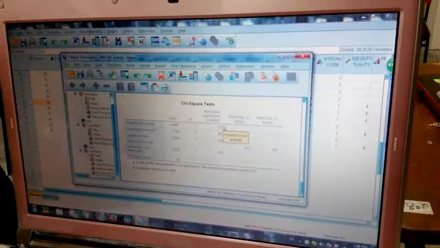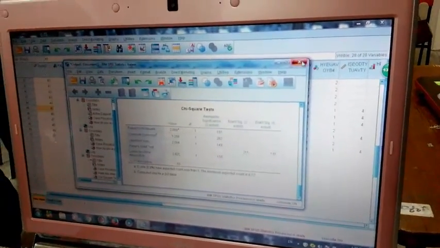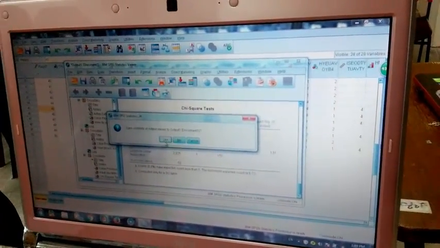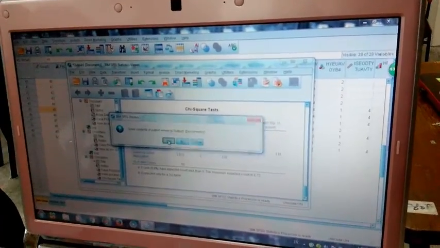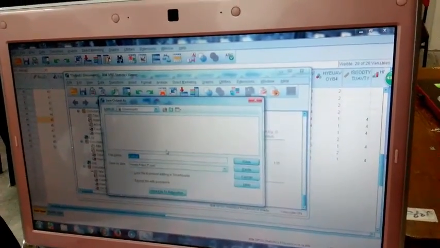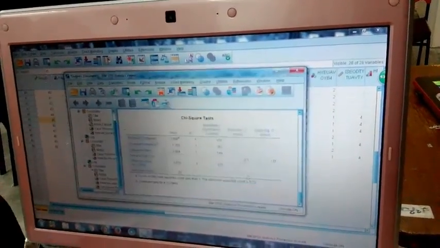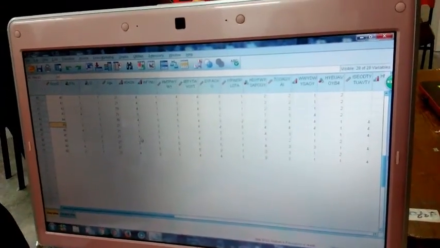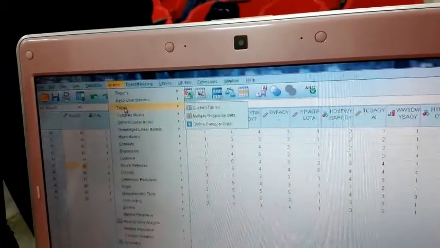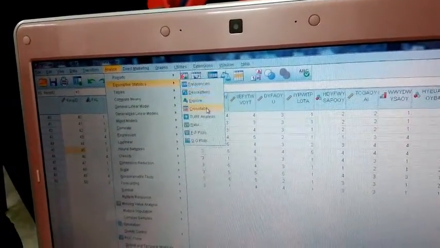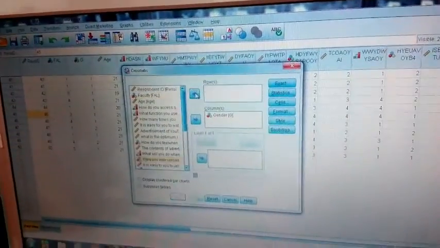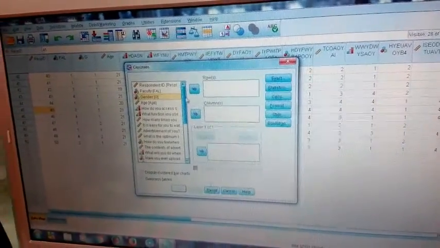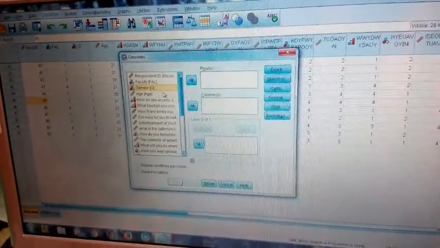Now, let's say, for example, any two interval scale variables that you have.